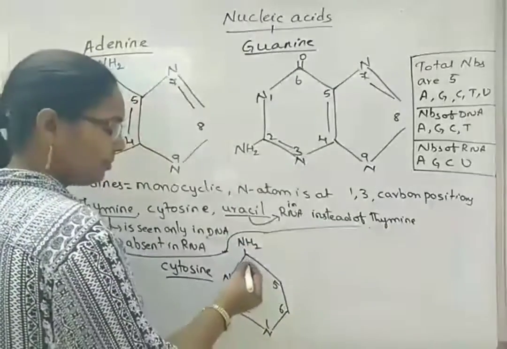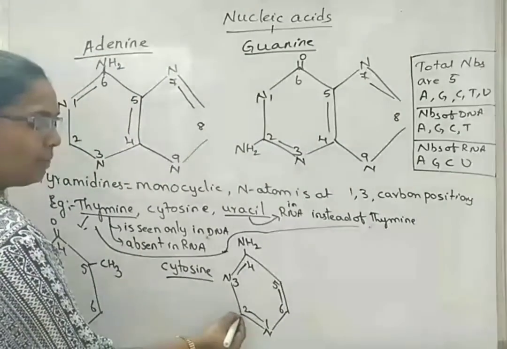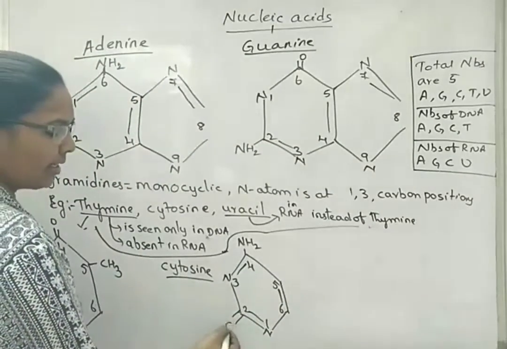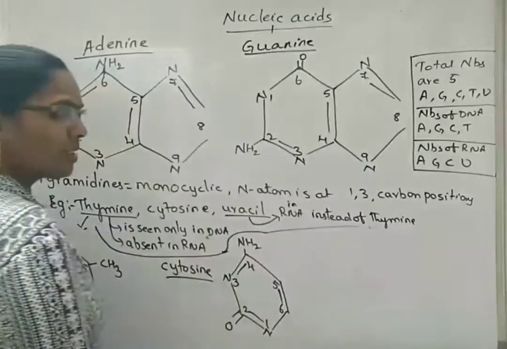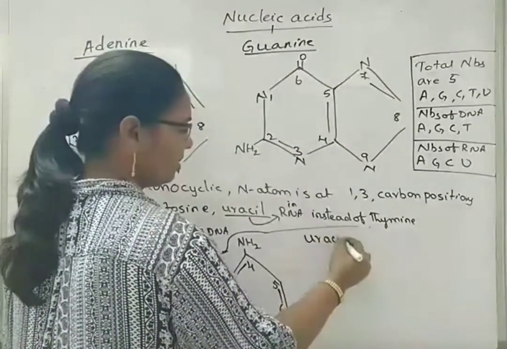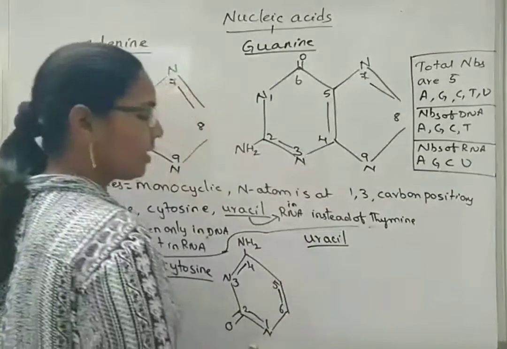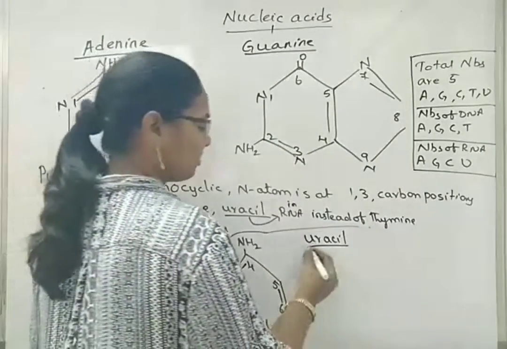Now, at second position of cytosine, again there is one ketone group. So this is the structure of a cytosine. Coming to uracil. Uracil is the pyrimidine that is seen only in RNA, not in DNA.